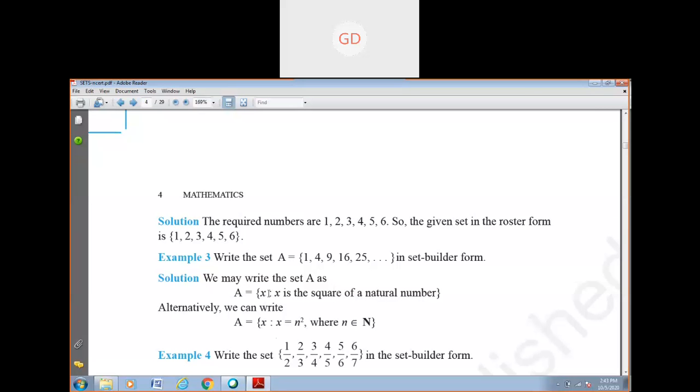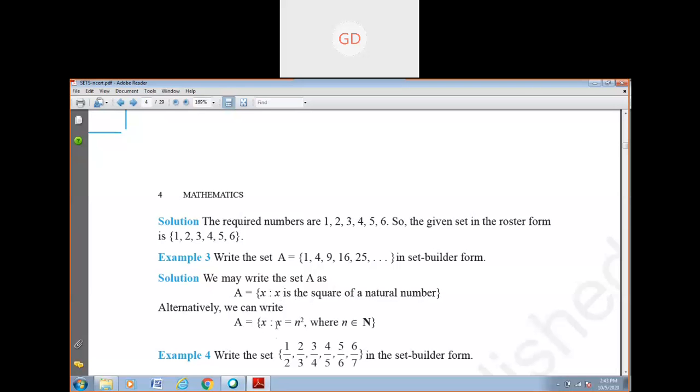X such that, what about x we need to write here, and exactly that is written: x is the square of natural numbers. Or symbolically or mathematically we can represent the same set in set builder form also. Same set we can represent mathematically like this.